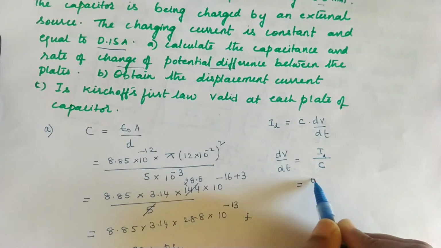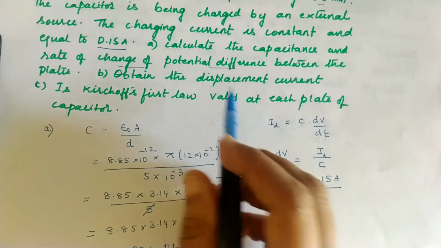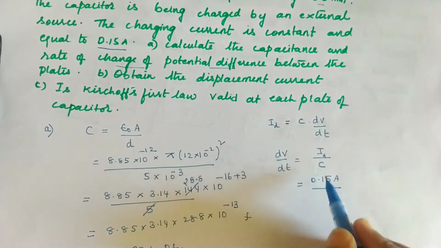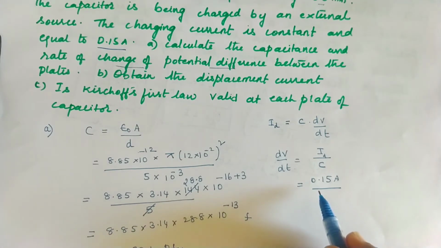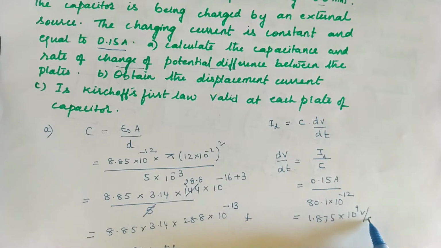So displacement current, the charging current, is given as 0.15 ampere, divided by capacitance. What is the capacitance of the capacitor? 80.1 pico, I'll write 10 power minus 12. So simplify this relation. It's 1.875 into 10 to the power 9 volt per second.